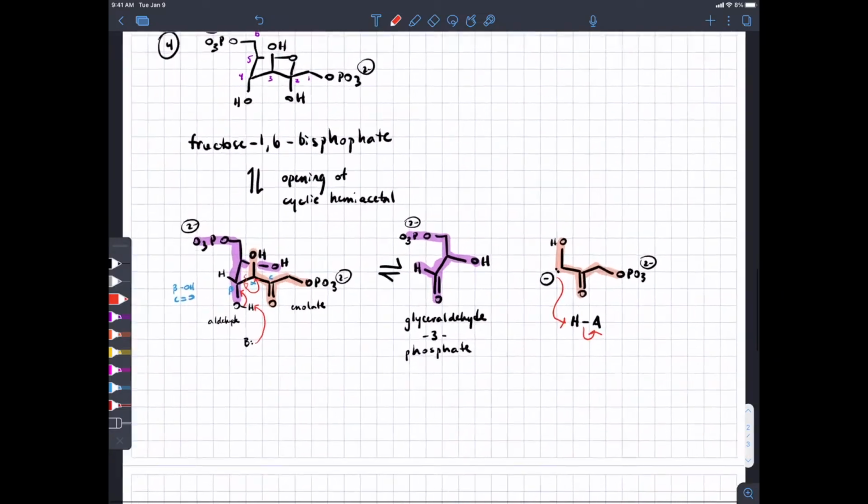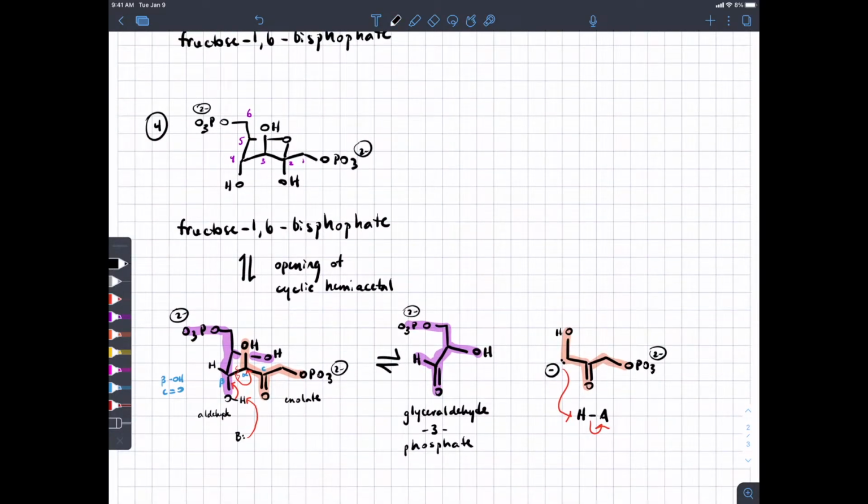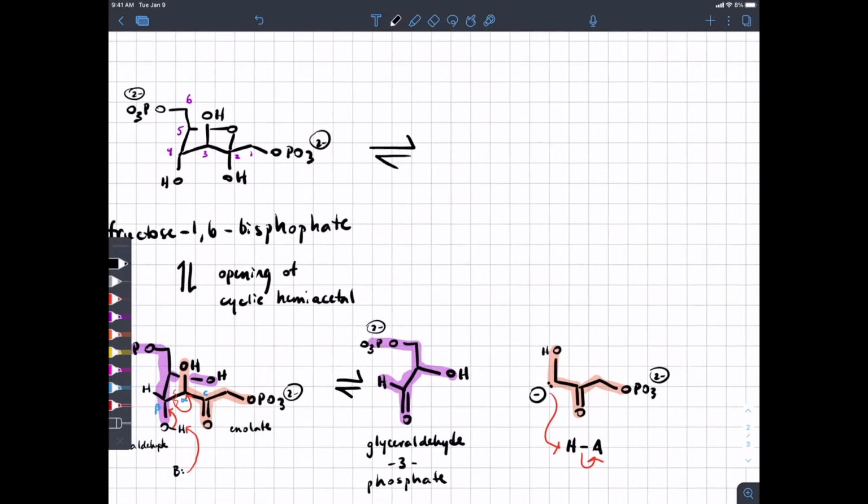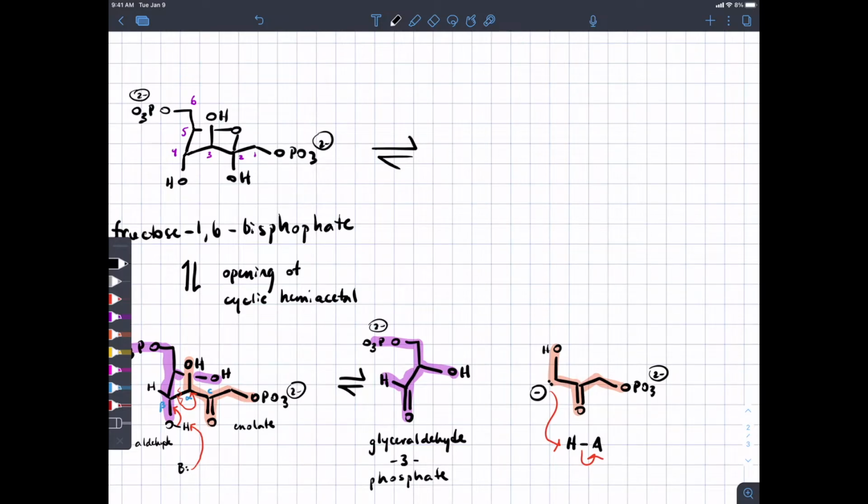And that's going to get us to the products, which I'm going to draw up here, but in a more conventional form where you can sort of see the stereocenters. So the aldehyde that we drew below, I could draw like this with an OH group back away from us into the page, and then the phosphate group there.